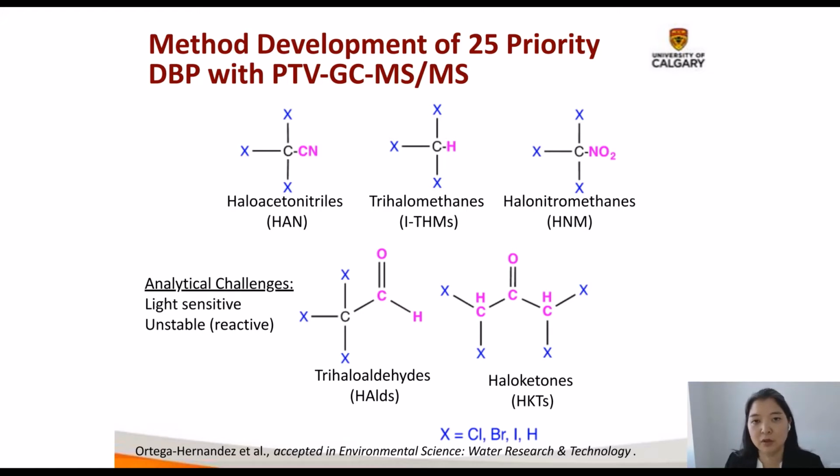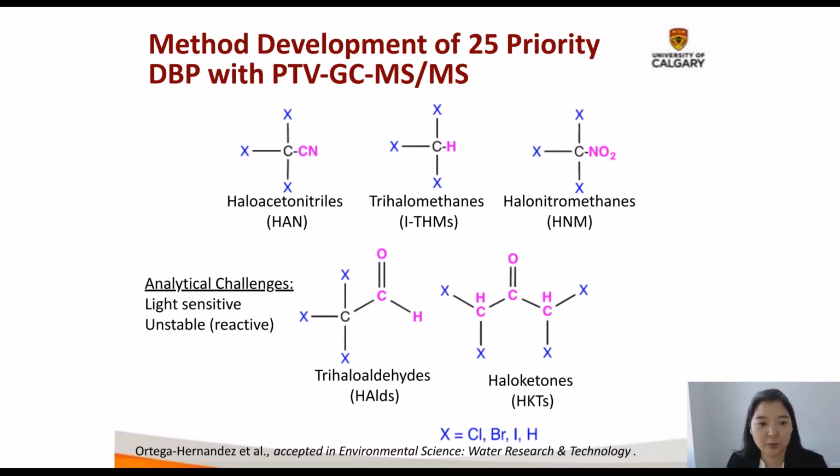So we needed to develop these highly sensitive analytical methods. We developed a method for 25 priority DBPs with the PTV GC tandem mass spec instrument. PTV is a programmable temperature inlet followed by GC tandem mass spec.